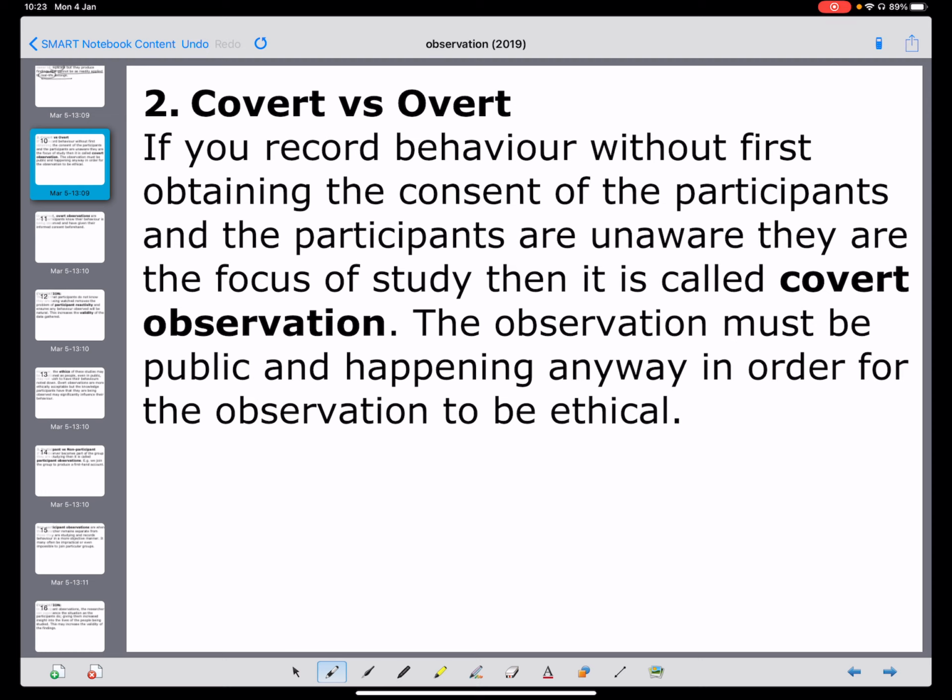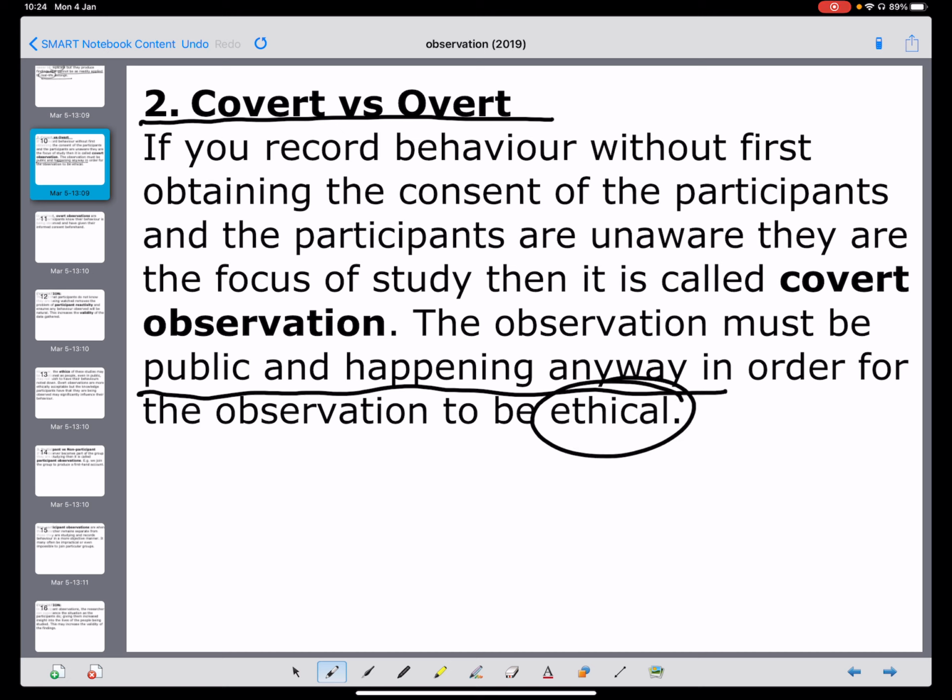The next one is covert versus overt. And I also think, once again, these are not words that you shouldn't know. These are words that you perhaps have heard of before. So covert observation is where the observation must be public and happening anyway for it to be ethical.